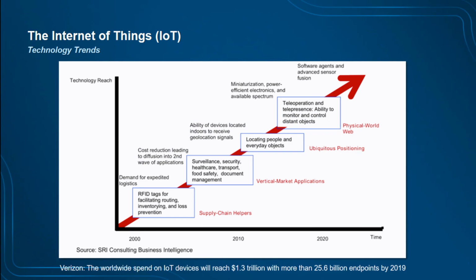So look at the trends, how IoT has developed in the past. Around the year 2000, we started seeing devices like RFID tags. If you notice, when someone tries to walk out the door from the shopping mall, sometimes they get a loud beep.